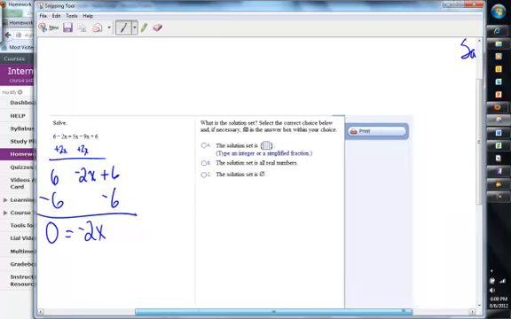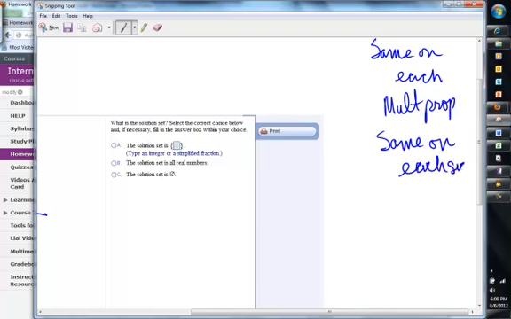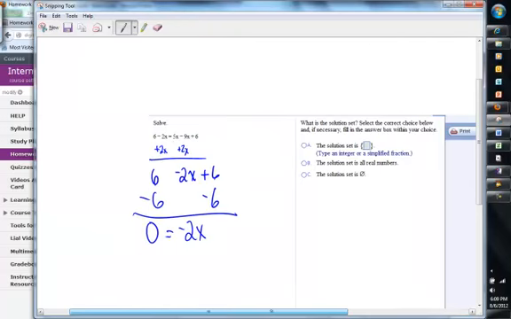And then the other property that we need to know is the multiplication property. The multiplication property says that you can multiply by the same number on each side. In this case, we're going to multiply by the fraction negative 1 over 2, or in other words, divide by negative 2.